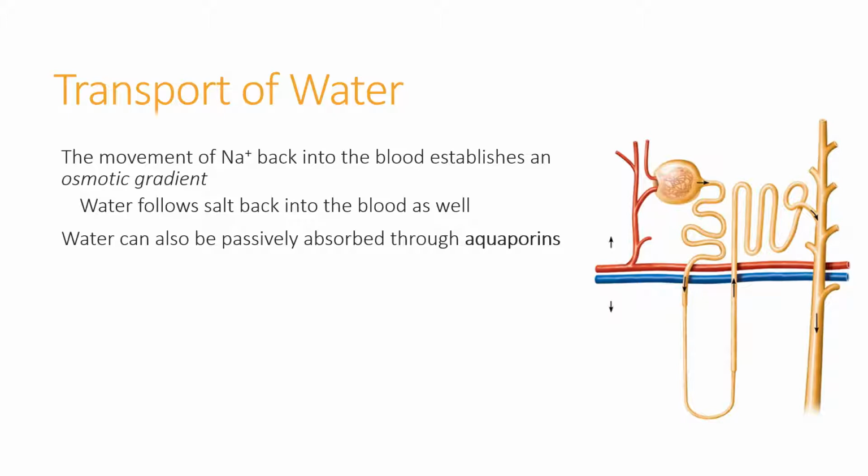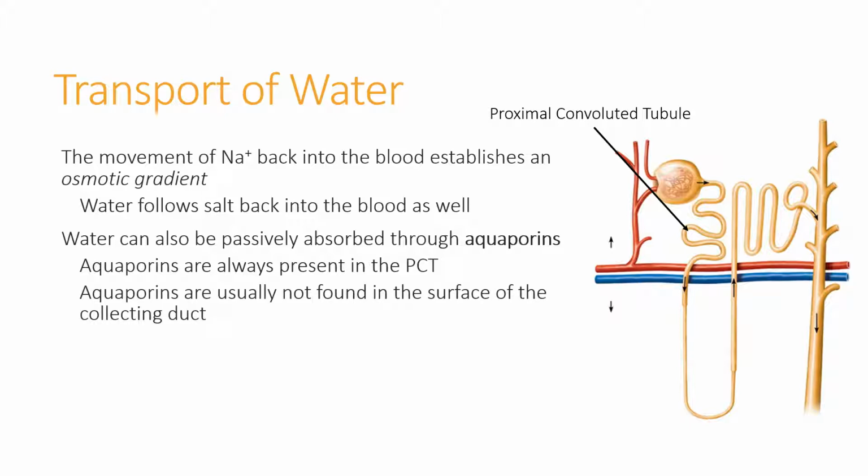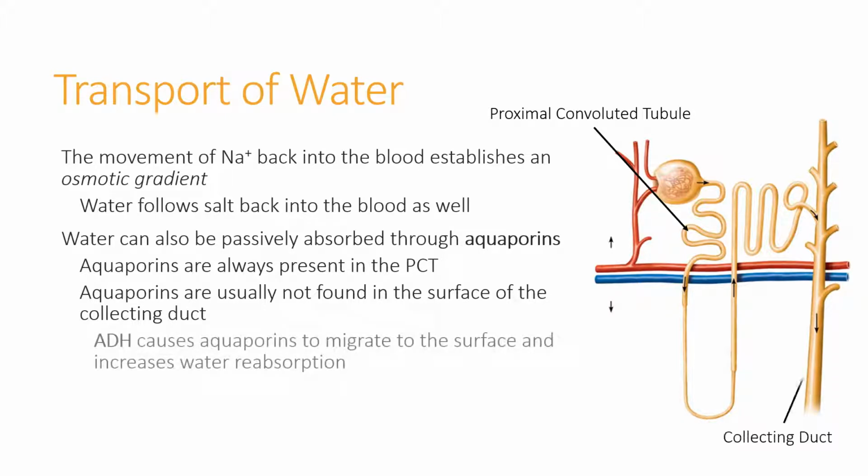Aquaporins are specific for allowing the movement of water. Aquaporins are always present in the proximal convoluted tubule, and because of that, we're always absorbing water in that proximal convoluted tubule. Normally, those aquaporins are usually not found in the surface of the distal convoluted tubule or the collecting duct.